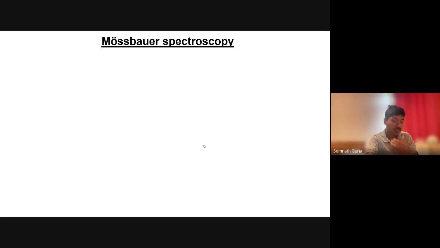The source is not as usual a sodium lamp, deuterium lamp, or halogen lamp, or any radio wave as in NMR. The gamma ray energy is more than 10 to the power 4 electron volt.